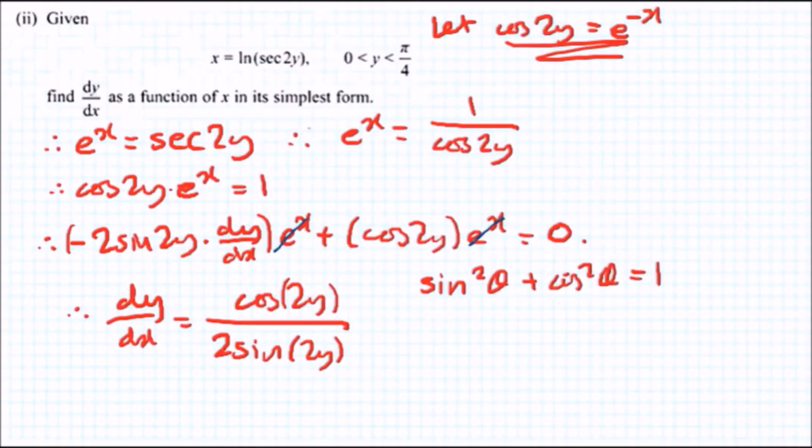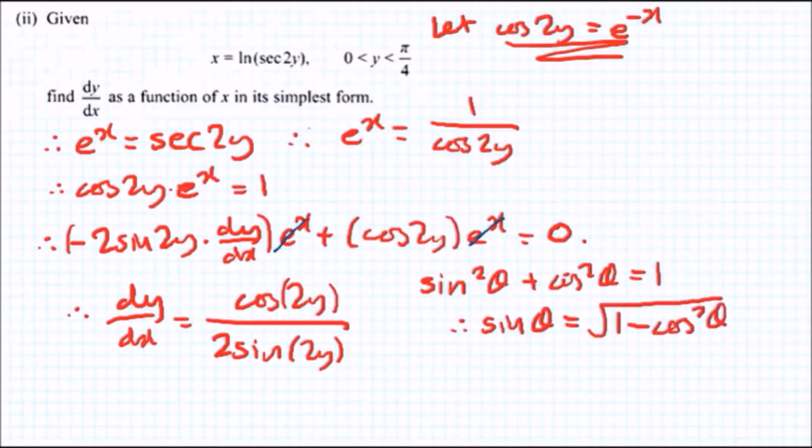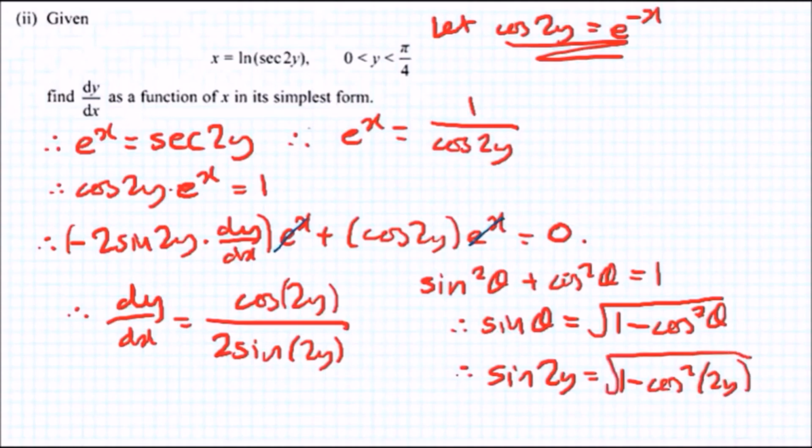Now we know what cos theta is, e to the negative x. But let's solve this in terms of sine. If we're going to find sin theta, we can subtract cos squared theta and then square root. So we're left with sin theta equals the square root of 1 minus cos squared theta. Now, theta in this case will be 2y. So sin 2y equals the square root of 1 minus cos squared 2y.